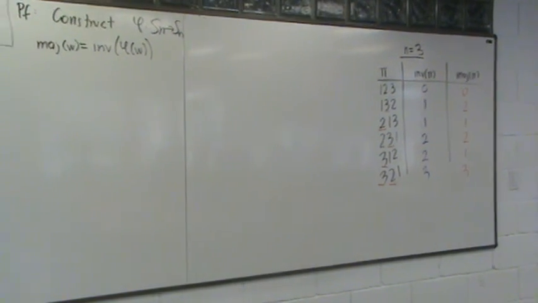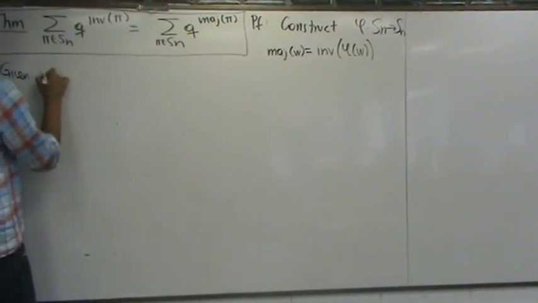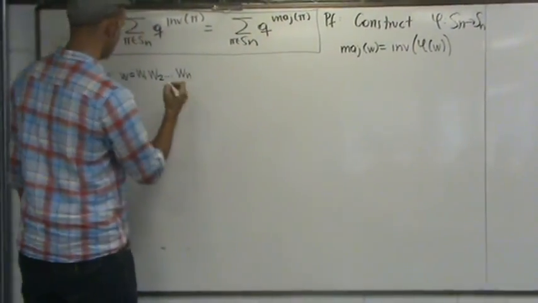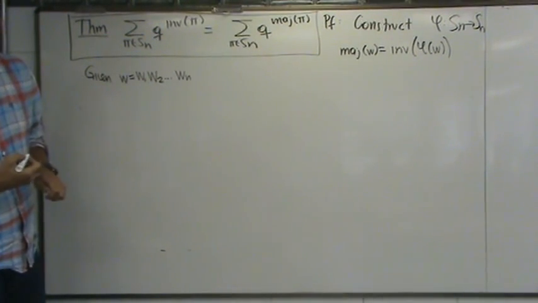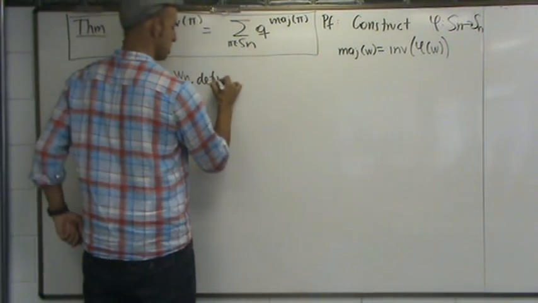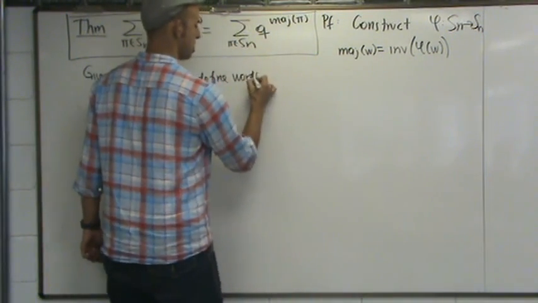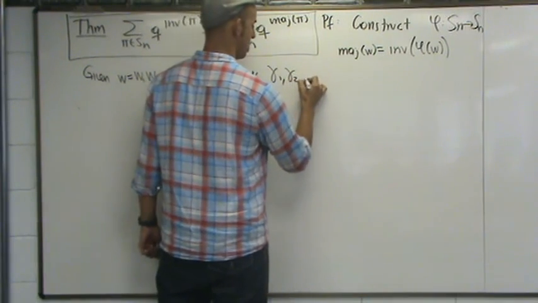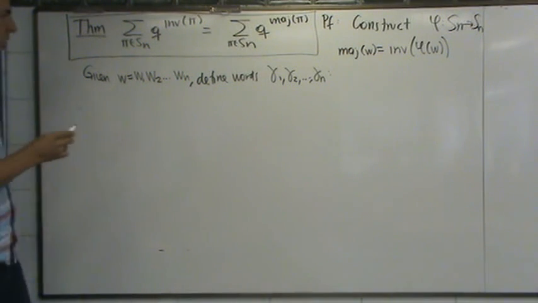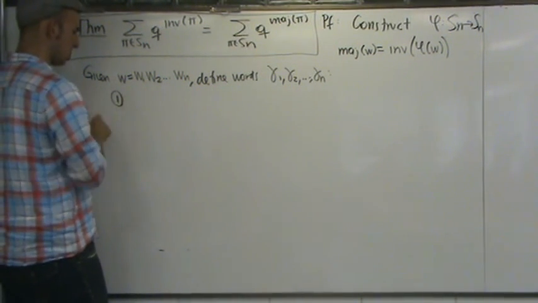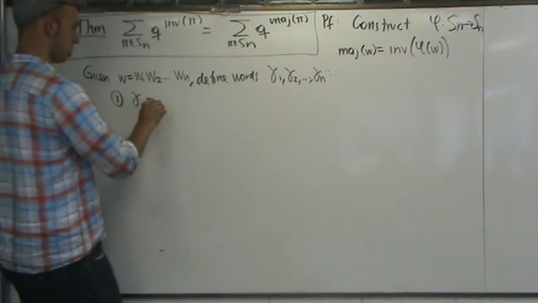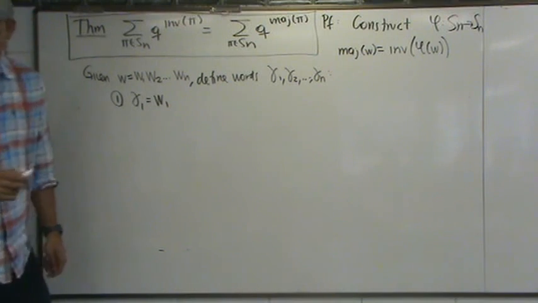Okay, so given W, and I'm going to consider W as a word, I'm going to define words gamma 1, gamma 2, up to gamma n recursively. The first word is just going to be the first letter. Okay?